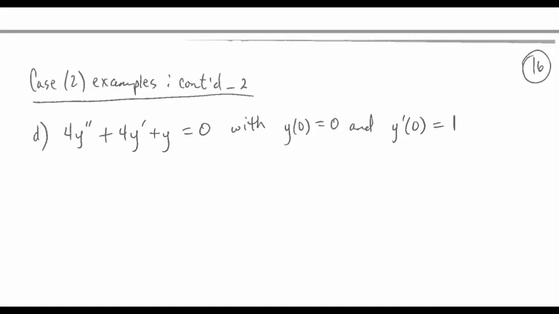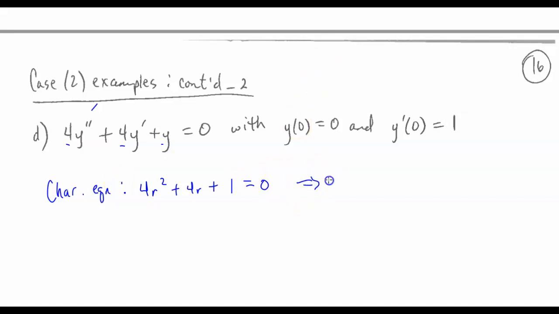All right, so for our next example here, our characteristic equation, again, is just going to be 4r squared plus 4r plus 1 equals 0. And we know to do this, again, because we have a second order linear homogeneous equation where all of the coefficients are constants, okay?